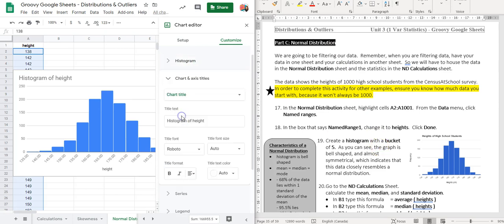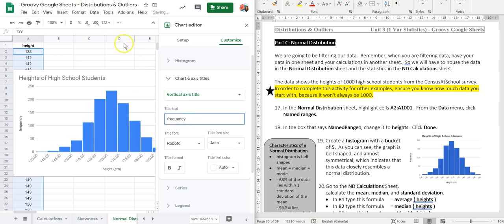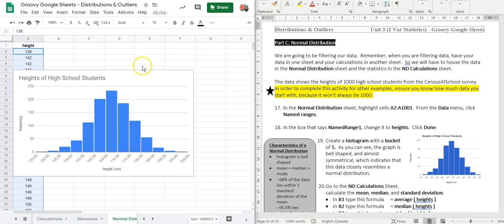Under chart and axis titles, for the chart title, we don't want to say histogram of height, we'll say heights of high school students. And the horizontal axis, we're going to have to add in the units. And the vertical, we're going to put frequency. And there is our histogram.